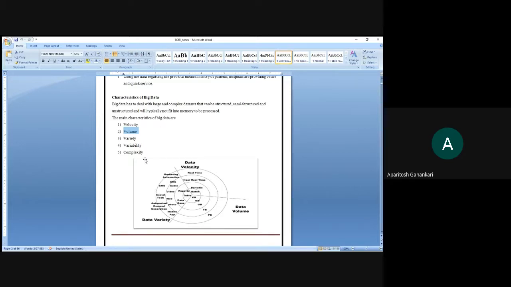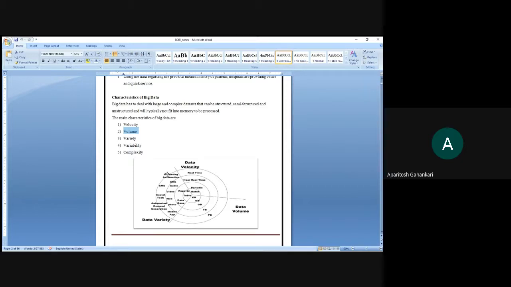Then variety. You have n number of sources, and that is why the data that is getting generated may be structured, unstructured or semi structured. You don't have any control. Like if you are commenting on your Facebook account, it cannot be stored in a relational database management system table. Why?